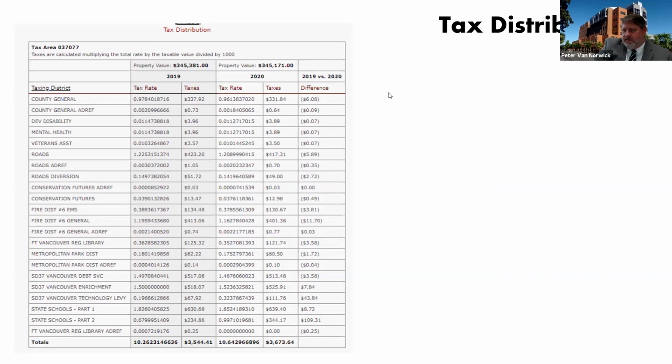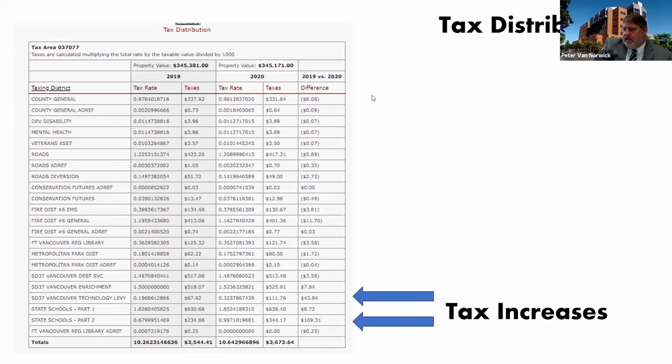And this is key to understand: if you look through here, you can see that this person's taxes, which I think were mine, went up a couple hundred dollars from year to year. But you can see exactly which taxing districts led to the increase.